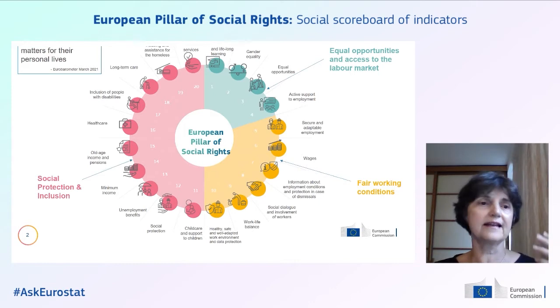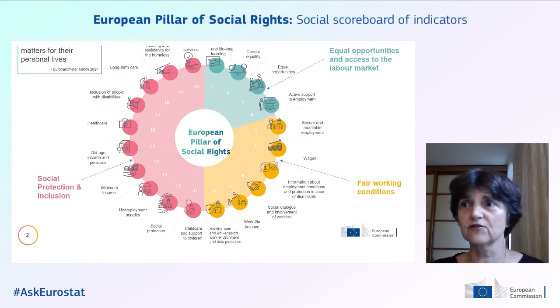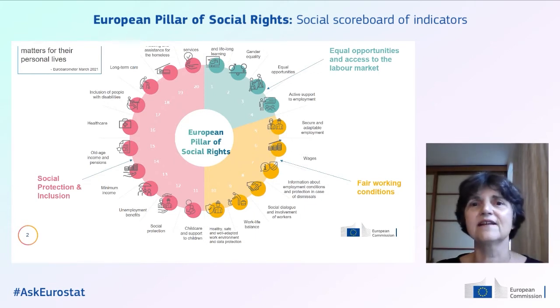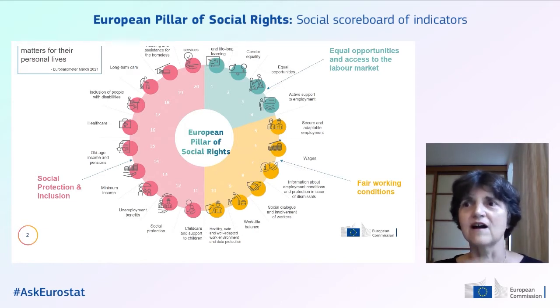And if you look at the latest Eurobarometer, then 90% of the citizens said that social Europe matters to them for their personal lives, and they want a stronger social Europe. So what I'm saying here is that this pillar, with its 20 principles, that was already proclaimed in 2017, is still very much our framework, our guiding light.